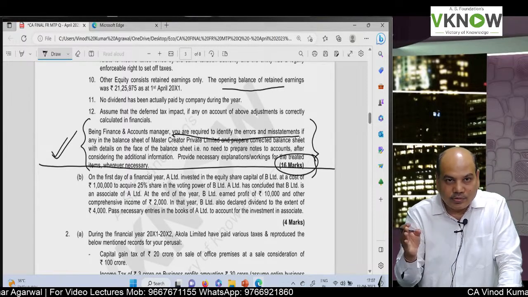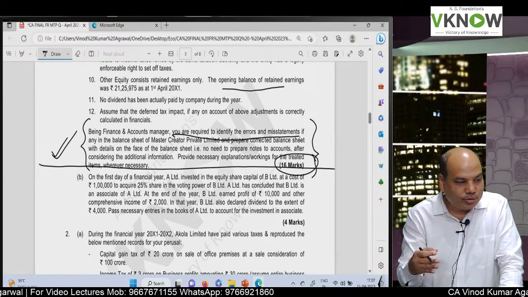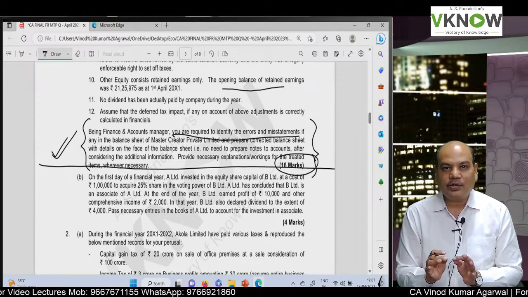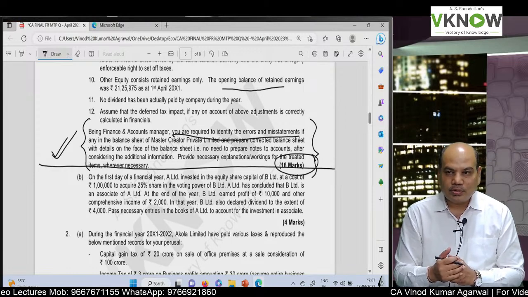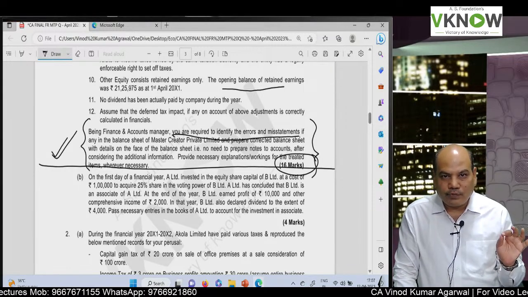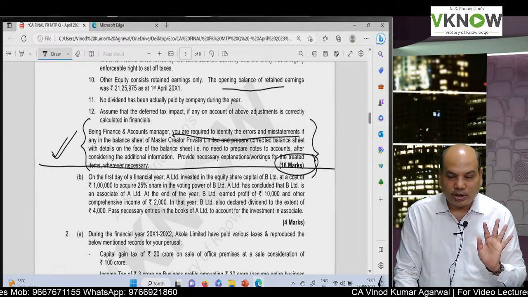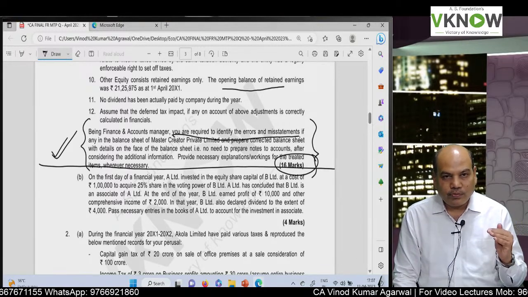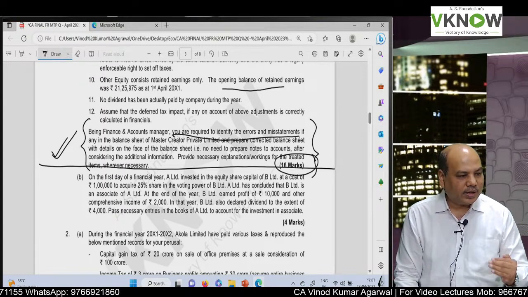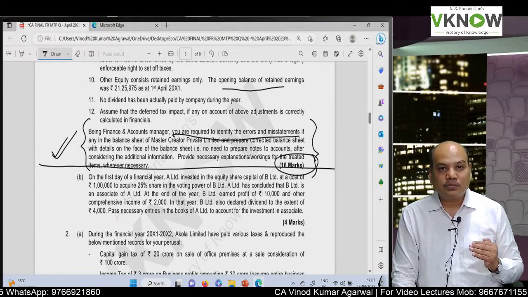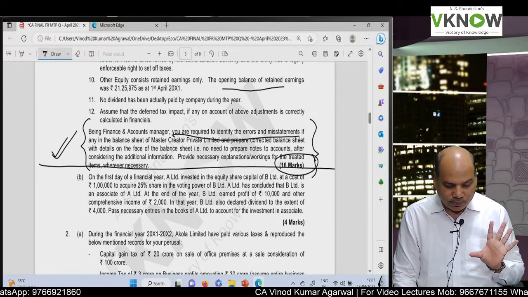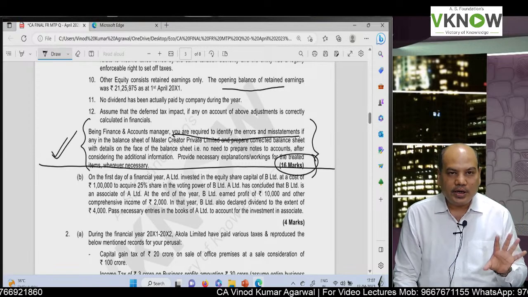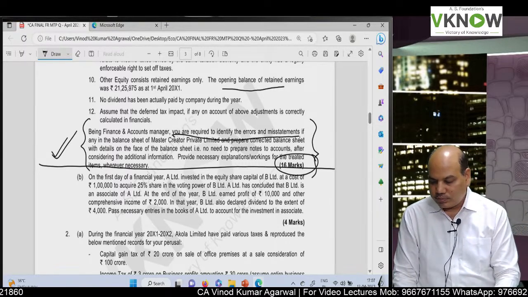Then Ind AS 10, which requires you to disclose the dividend, or Ind AS 32, which requires you about the presentation of financial assets, financial liabilities. Then there was Ind AS 12 also, where it says deferred tax asset and deferred tax liability should be shown net of each other. So with the basic knowledge of all the Ind AS, you can solve this question quite easily.